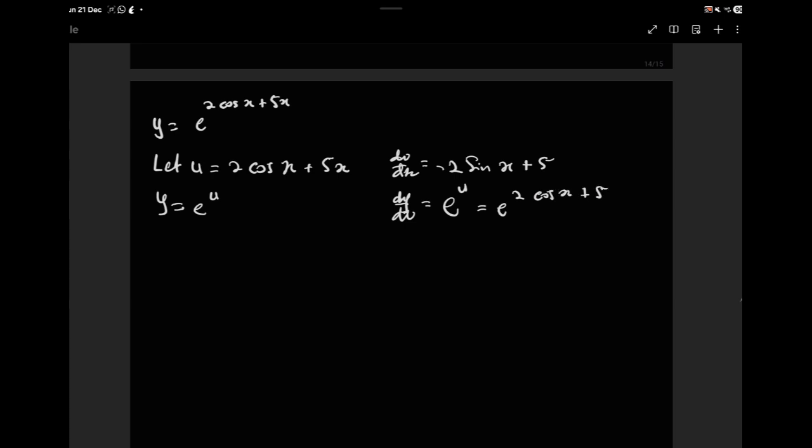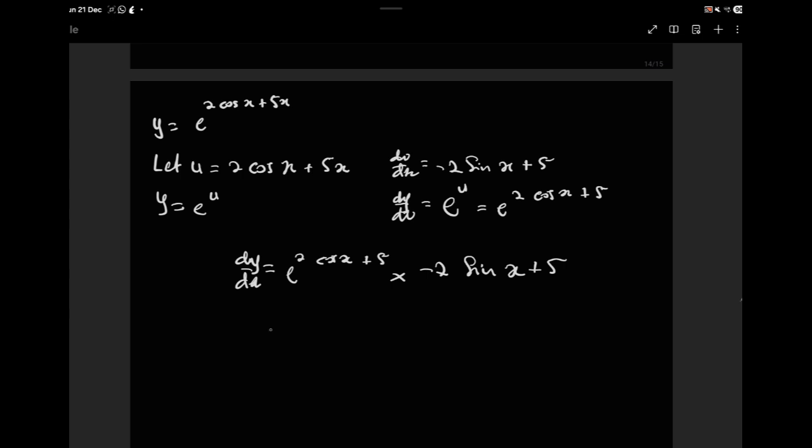Alright, so now let's find the dy over dx, which is equal to dy over du, which is exponent of 2 cos x plus 5, times du over dx, which is negative 2 sine x plus 5.